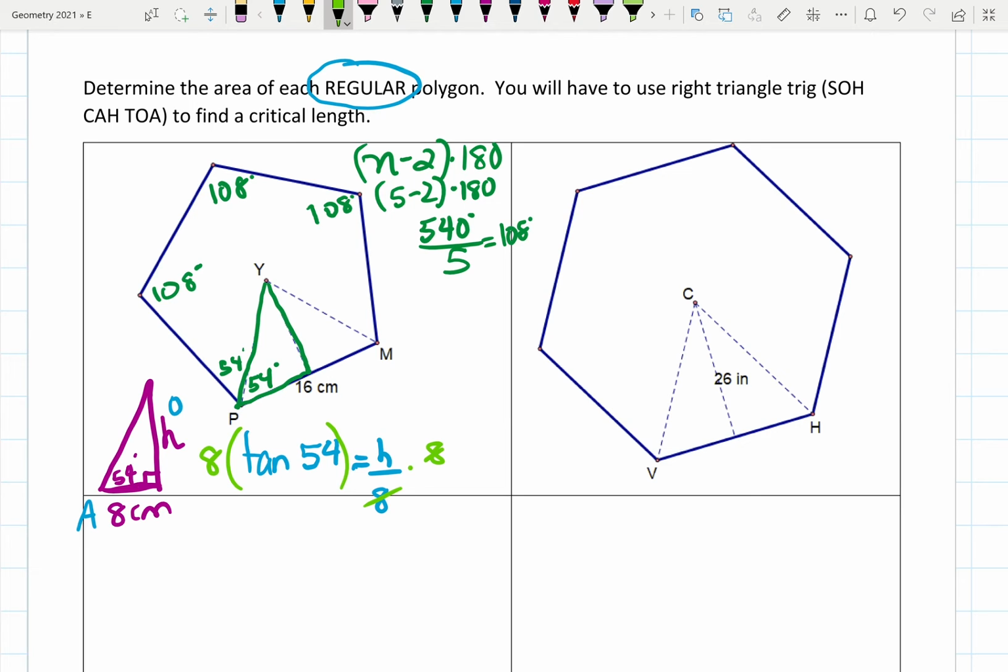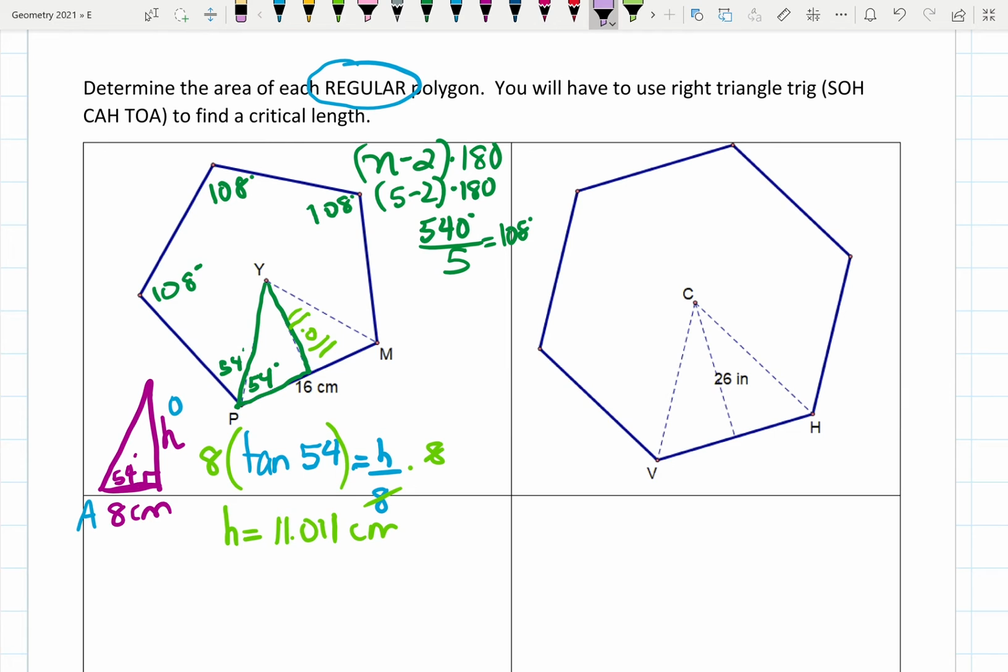The tangent of 54 degrees is 1.37, and so on. When I multiply that by 8, I end up with h is approximately equal to 11.011 centimeters. That's this height right here, 11.011 centimeters.